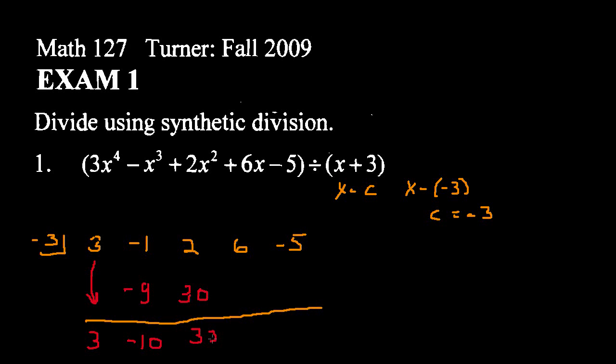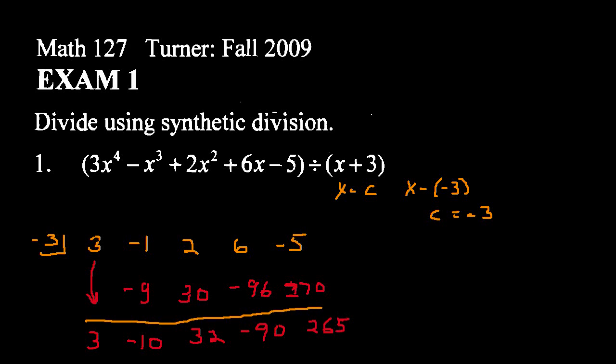Negative 3 times 32 is negative 96. And so now I'm adding the negative 96 and the 6, and I get negative 90. And one more time, negative 3 times the negative 90 is positive 270. And then I'm going to add the negative 5 and the 270, and I get 265.